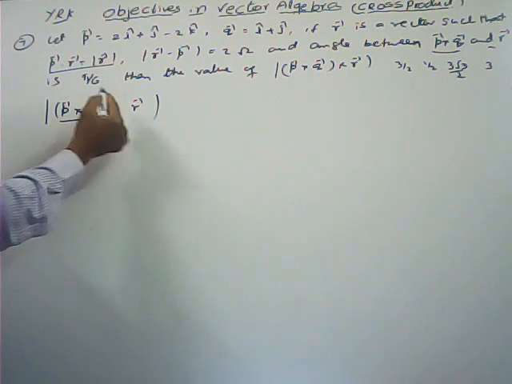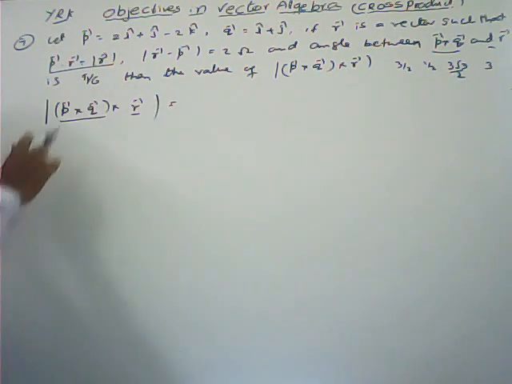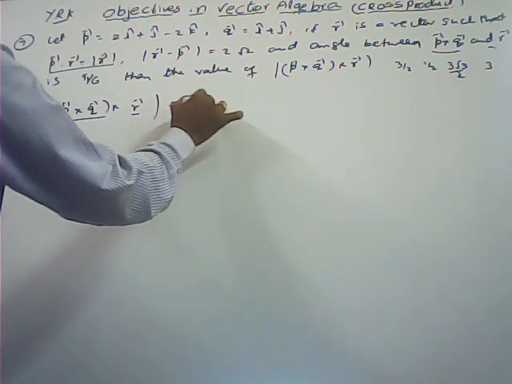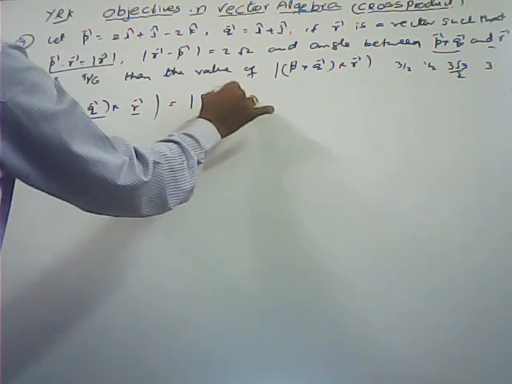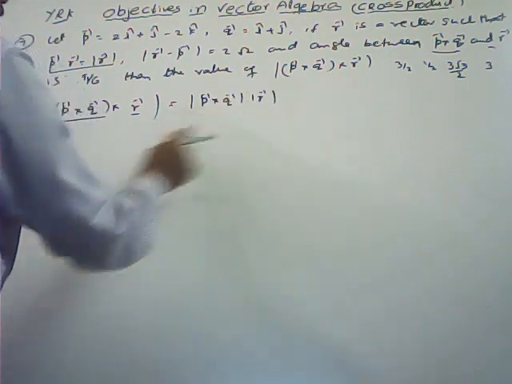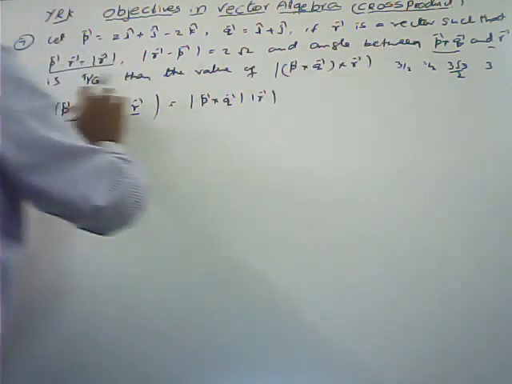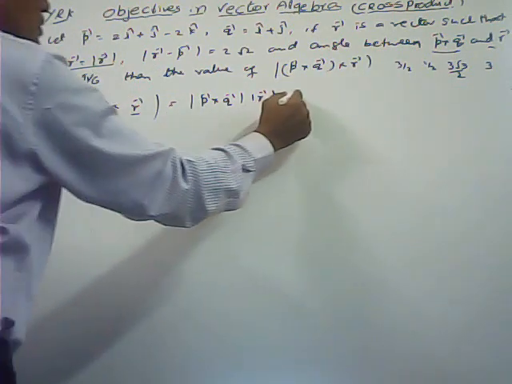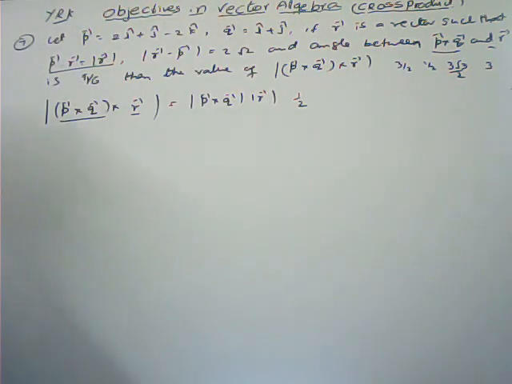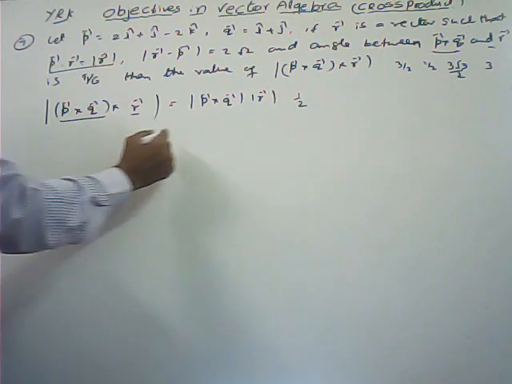This one you can consider one vector, this is another vector. What is the cross product of that one? Modulus of a bar cross b bar is modulus of a bar, modulus of p bar cross q bar, and modulus of r bar, and the sine of the angle between these two. The angle between the two is 30 degrees, given. Again here you can expand this one.